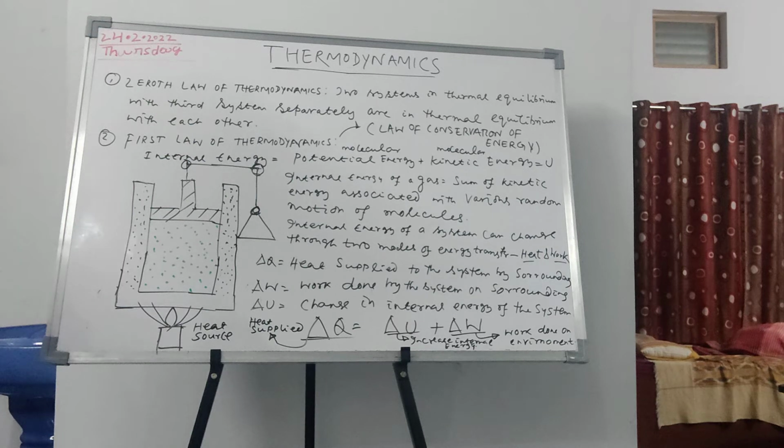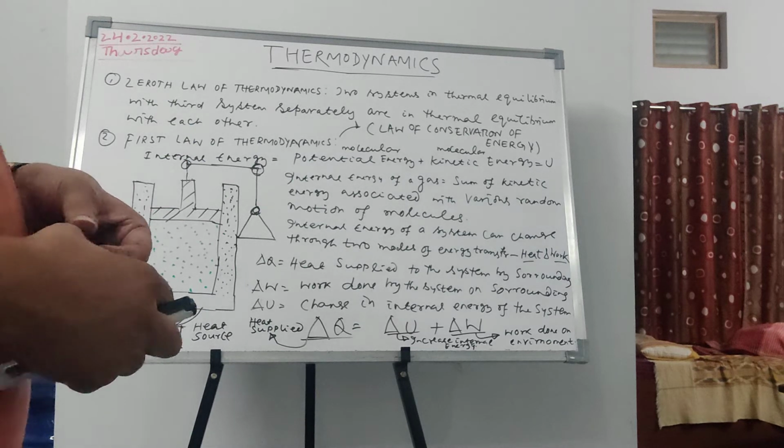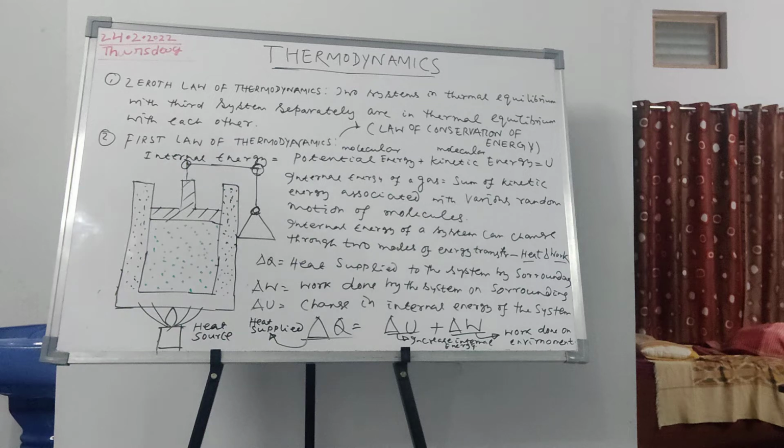All the translational or rotational motion has some energy associated with it. If you sum the kinetic energy of each and every molecule, you can arrive at the internal energy of the gas.